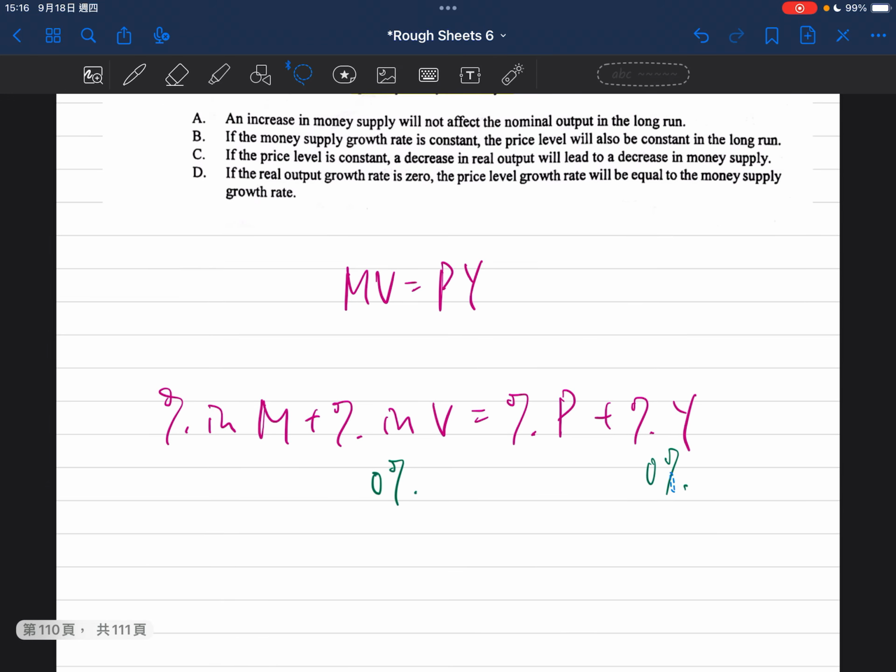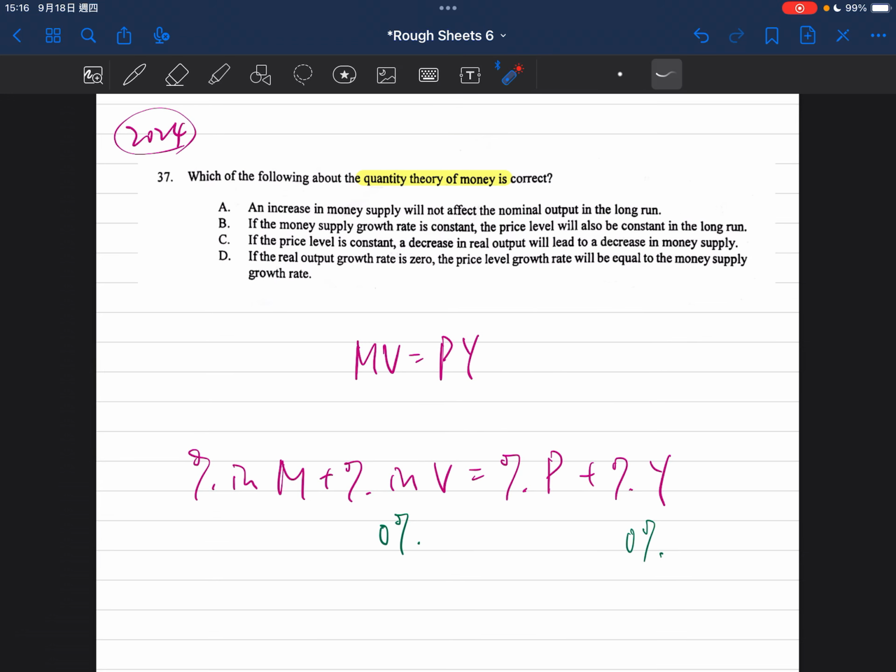So in this scenario, the percentage changes of M and P are the same. So if the money supply rises by 5%, the price level will also rise by 5%.